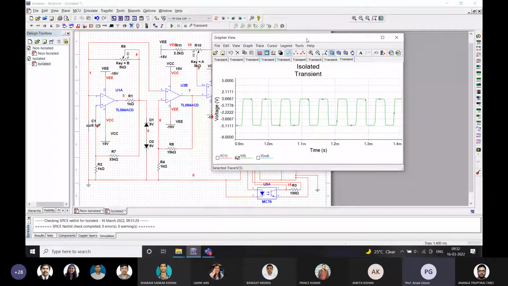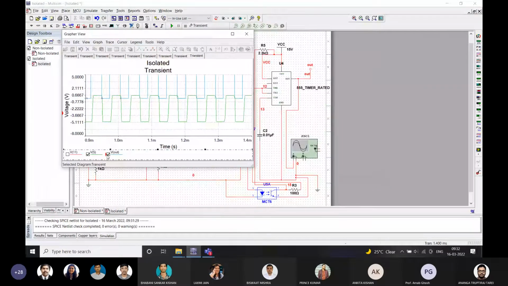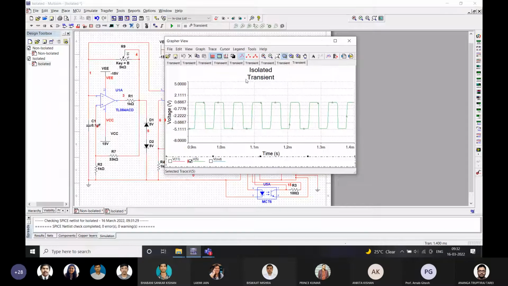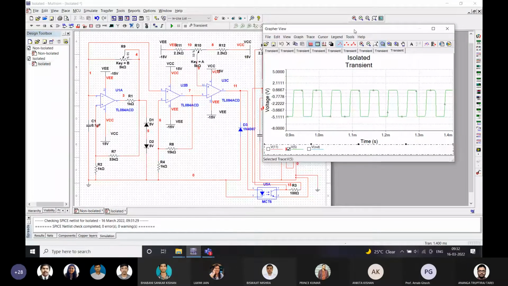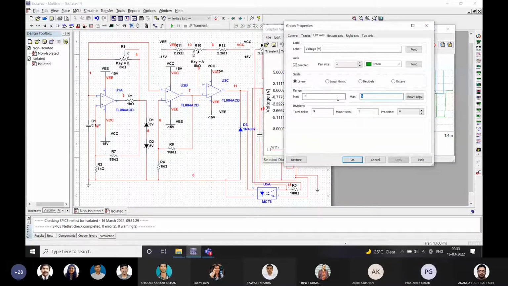Are the output of the multivibrator and the output of the MCT2E both in phase, or in different phase? No, sir. I didn't see. Okay.